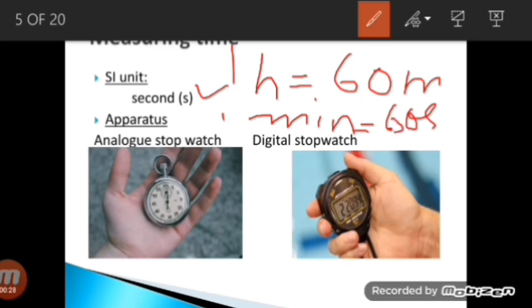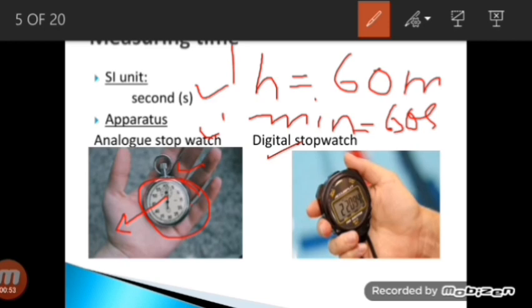There are different operators which are used to measure time, such as the stopwatch. Stopwatch is also called stop clock. There are two types of stopwatch which are used: analog stopwatch and the digital one. Analog stopwatch will always contain one knob and one main dial. This is the main dial, and it has one secondary dial, which is this smaller one.